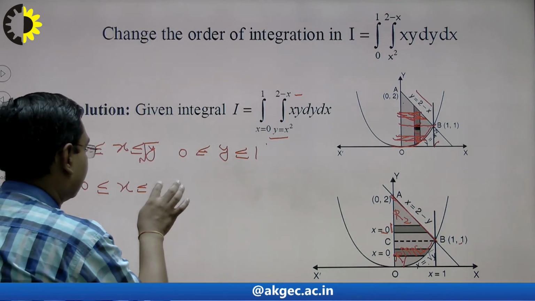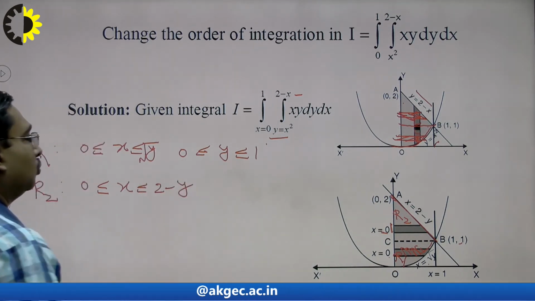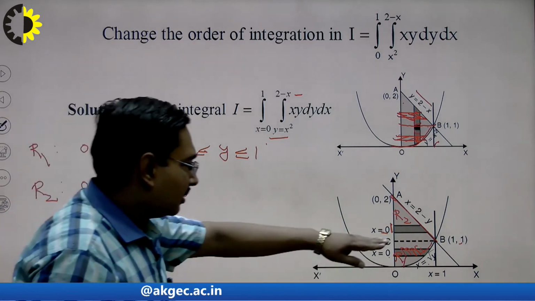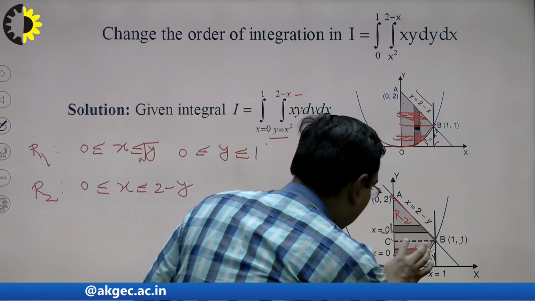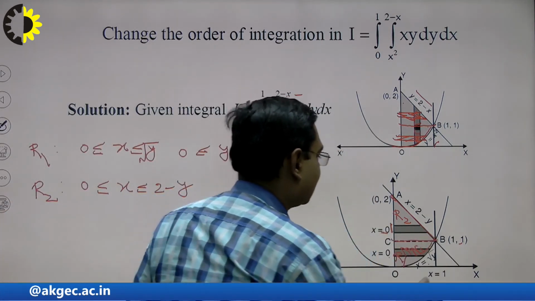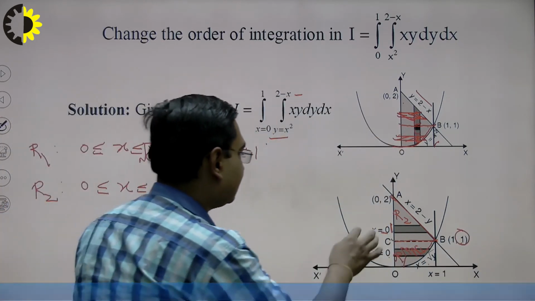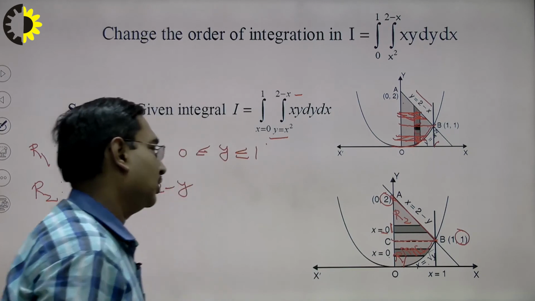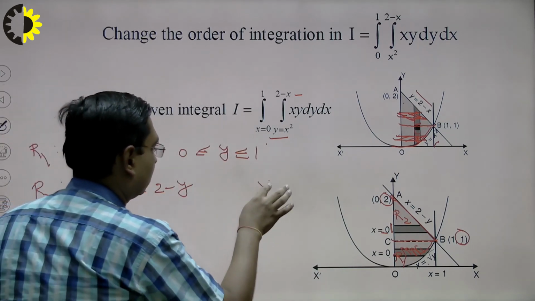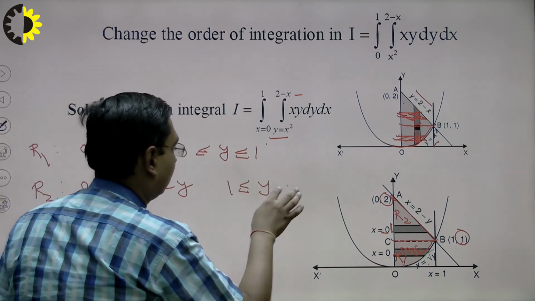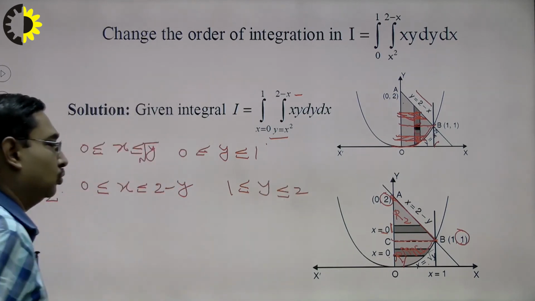The lowest extreme point has y equal to 1. The highest extreme point has y equal to 2. So, y varies from 1 to 2.